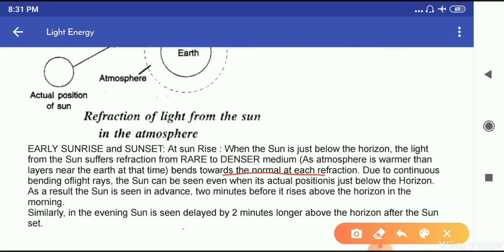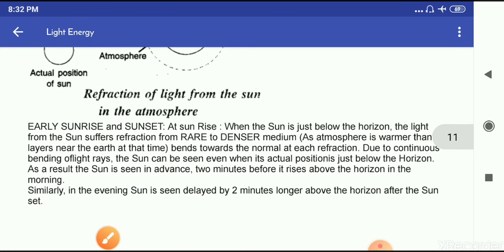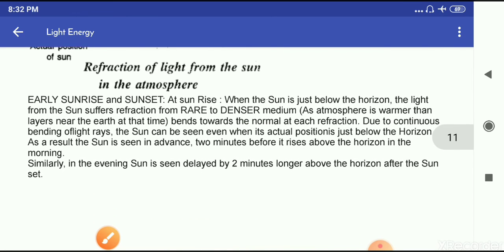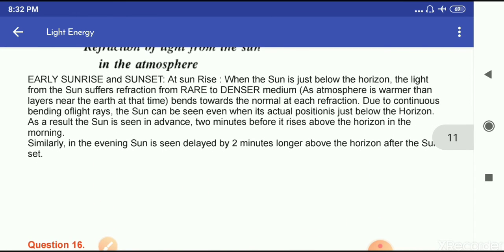Due to continuous bending of light rays, the sun can be seen even when its actual position is just below the horizon. As a result, the sun is seen in advance, 2 minutes before it rises above the horizon in the morning. Similarly, in the evening the sun is seen 2 minutes longer above the horizon after sunset.